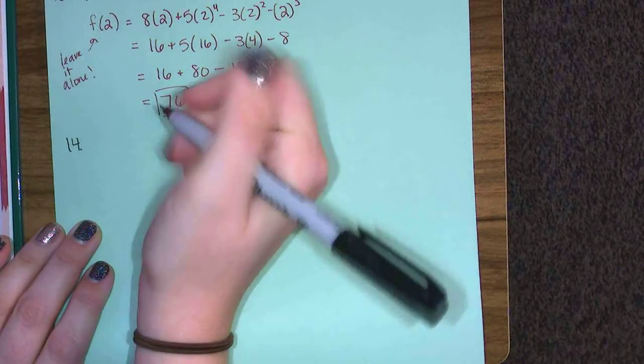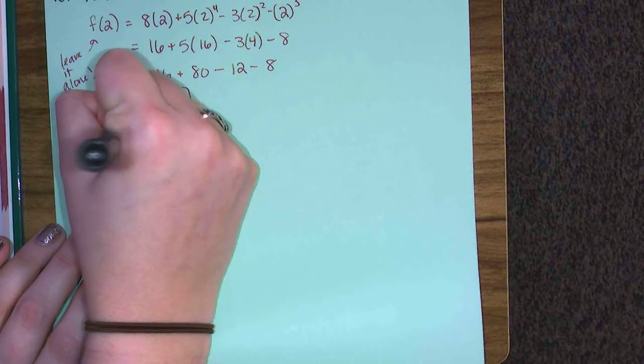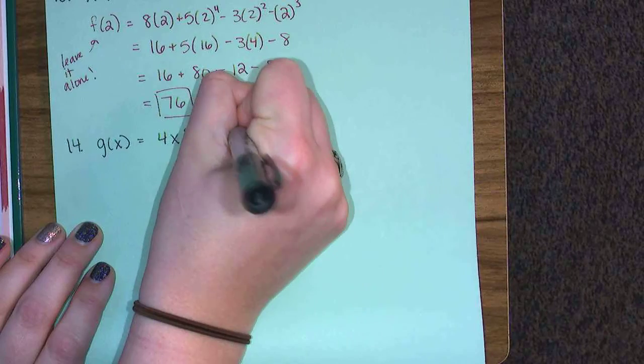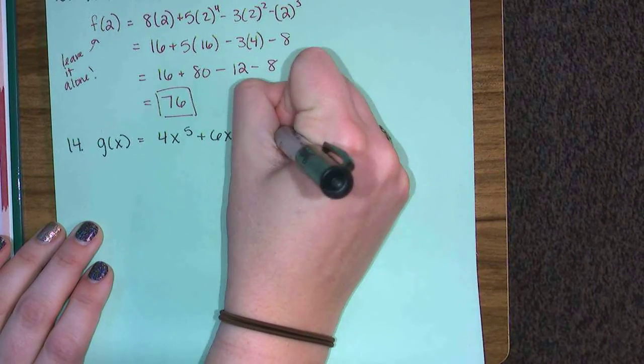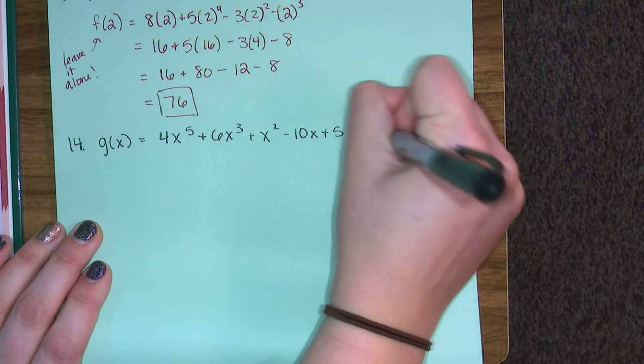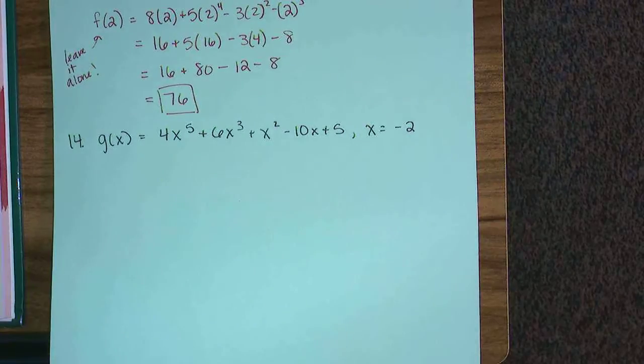All right, 14. G of x is equal to 4x to the fifth plus 6x cubed plus x squared minus 10x plus 5, and x is equal to negative 2. Somebody tell me what I need to write here to set this one up.